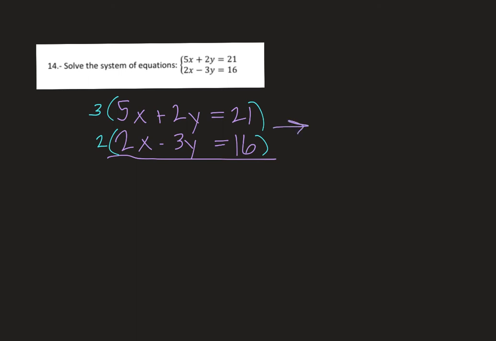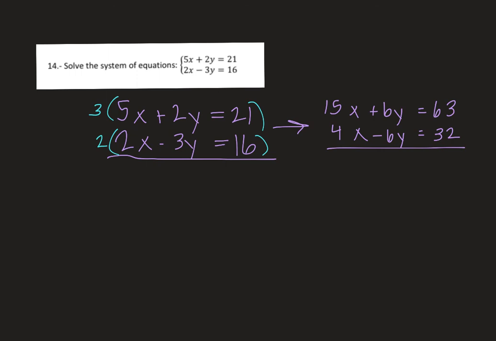So those equations become 15x plus 6y equals 63 and 4x minus 6y equals 32. Okay.